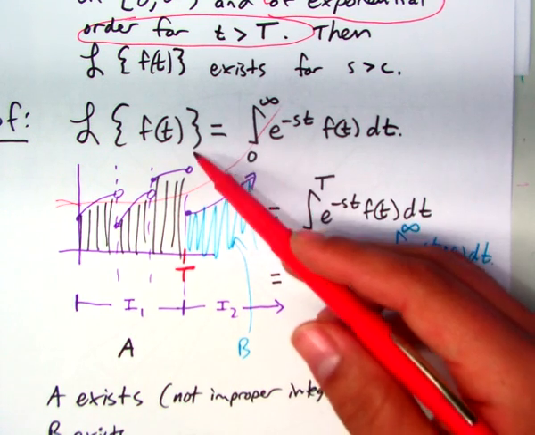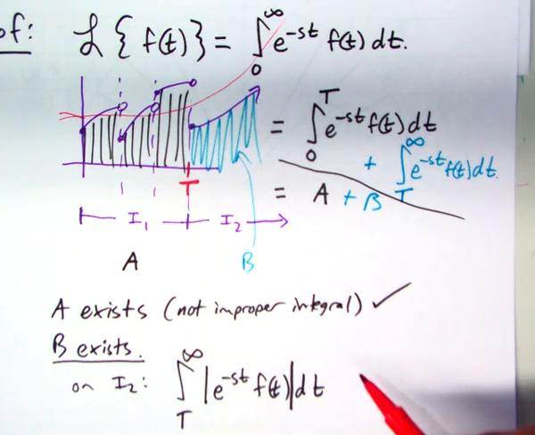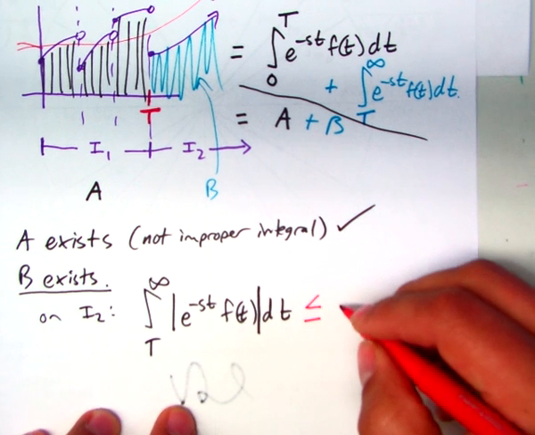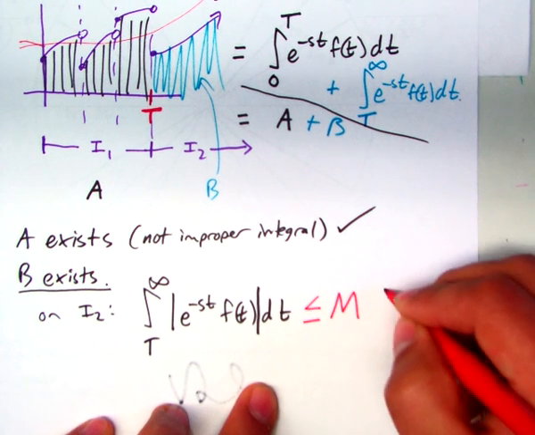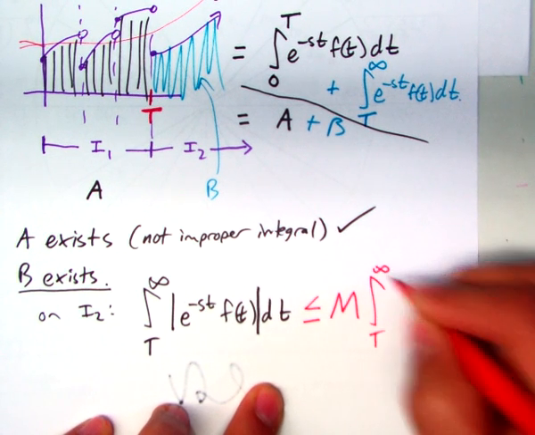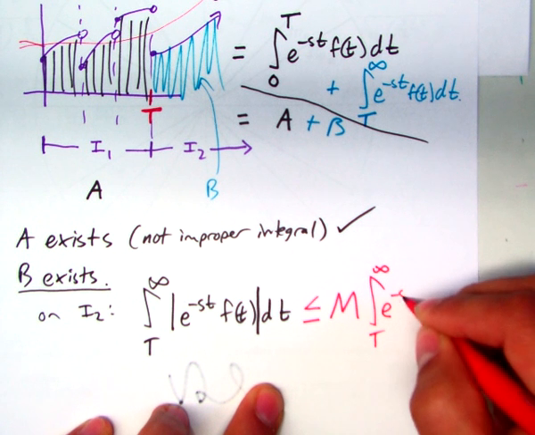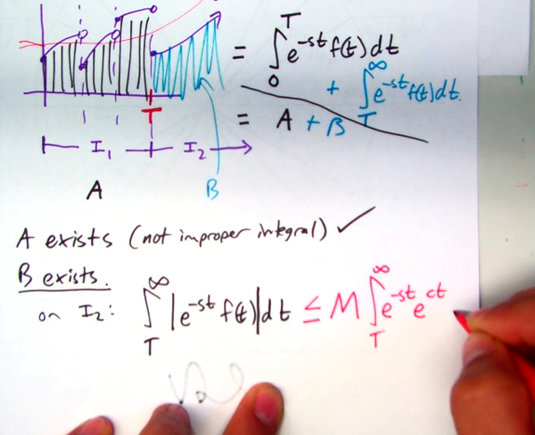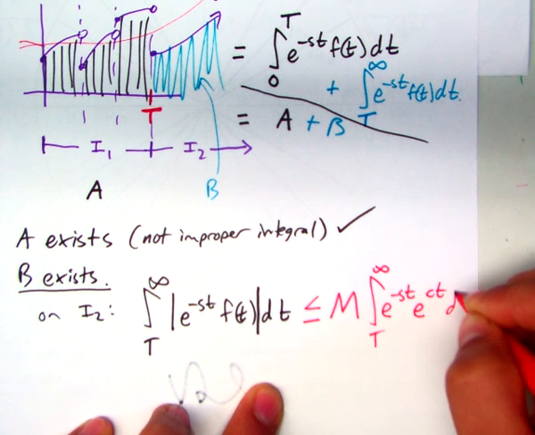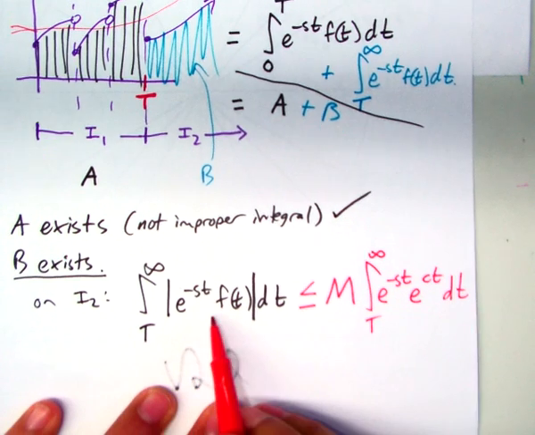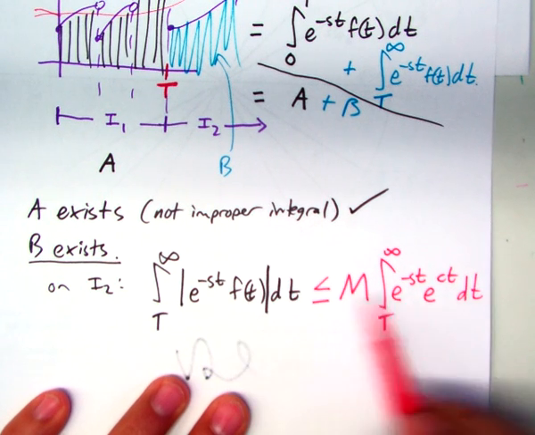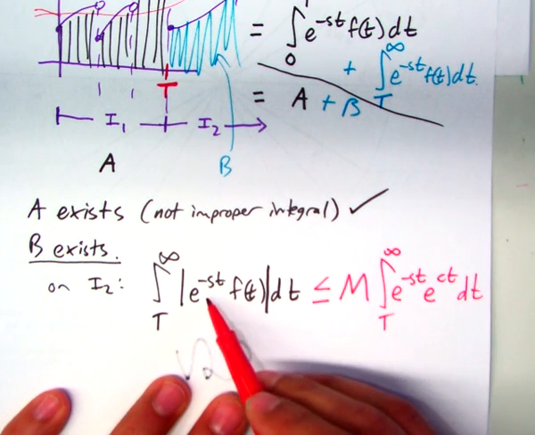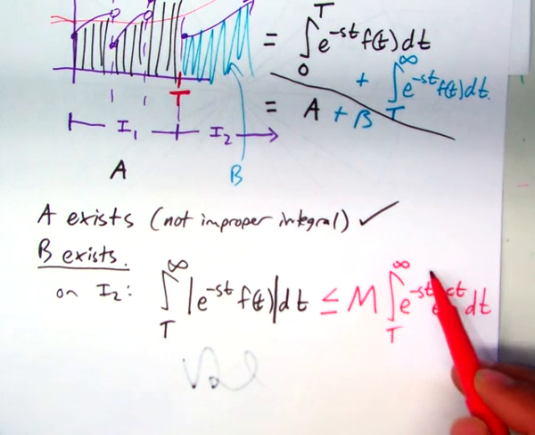Because it's of exponential order, the definition says that this should be less than or equal to, I'll pull out the constant, M times e to the minus st times e to the ct dt. So we're just using the exponential order idea. Naturally, if this function is larger than this one, when we take the integrals, the area for this one is going to be larger than this one. Okay?